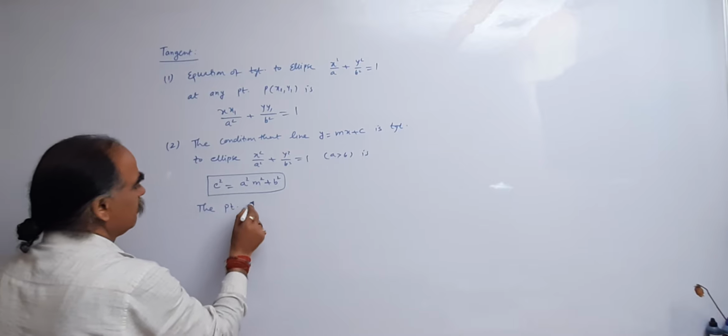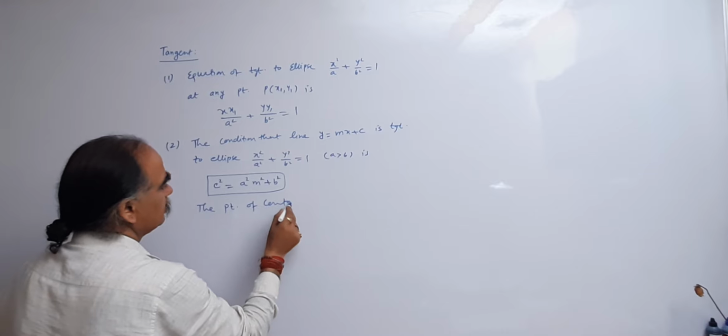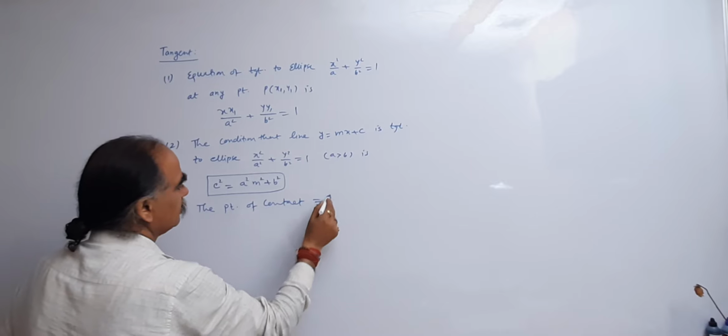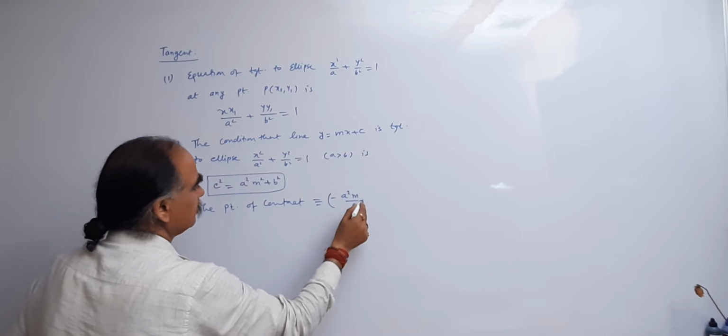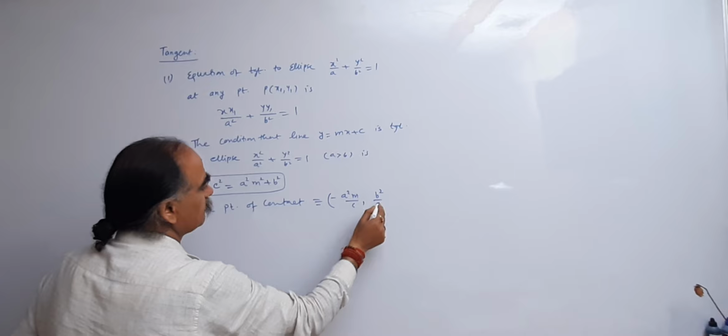The point of contact is (minus a square m by c, b square by c).